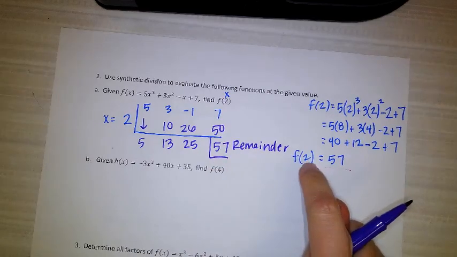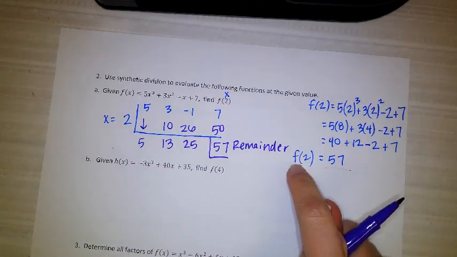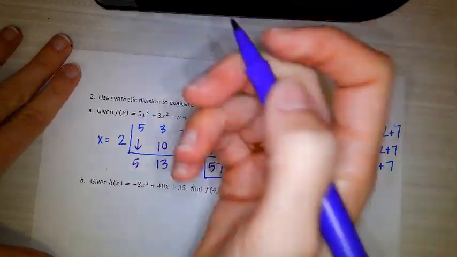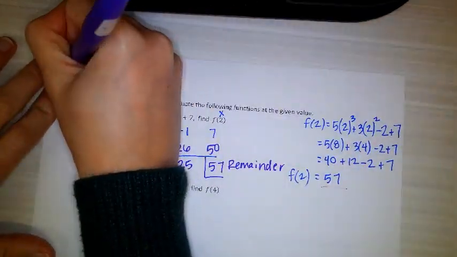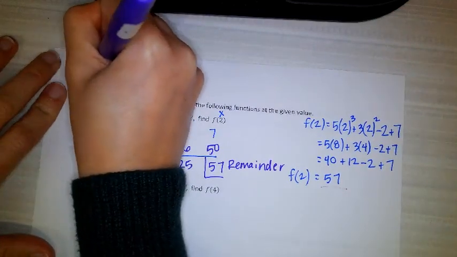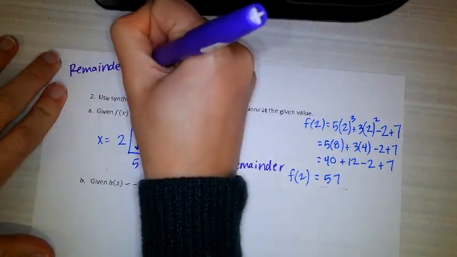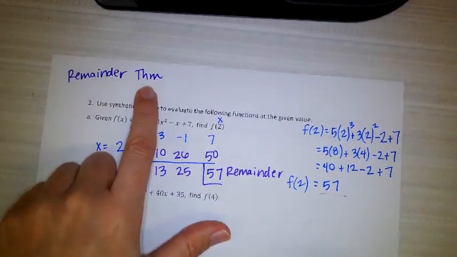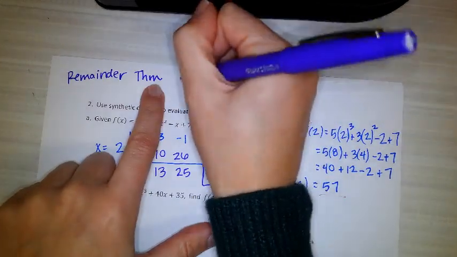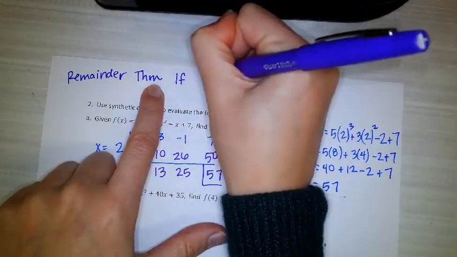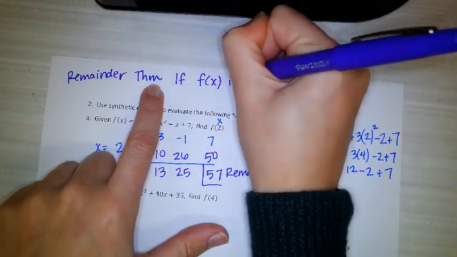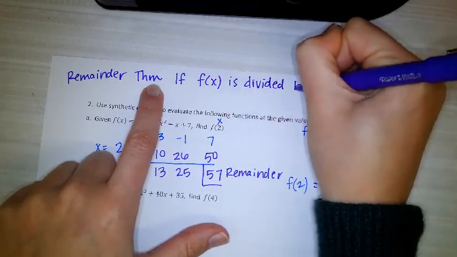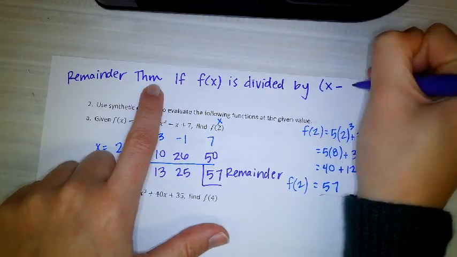So there is a theorem, and don't have flashbacks to geometry, but there is a theorem, it's actually called the remainder theorem, and we're going to use it again, abbreviating theorem there. But the remainder theorem basically says if a function is divided by x minus, I'm going to put r, like a root.